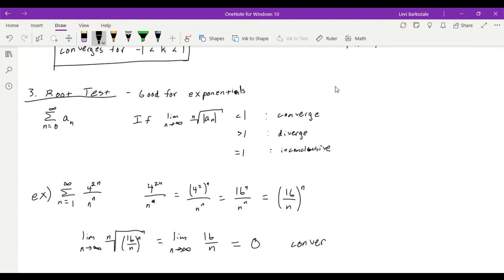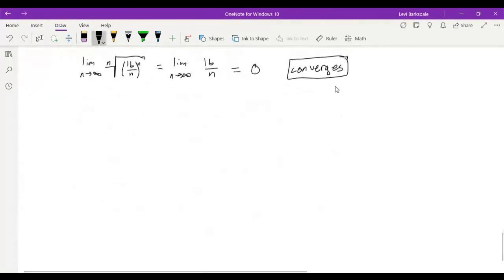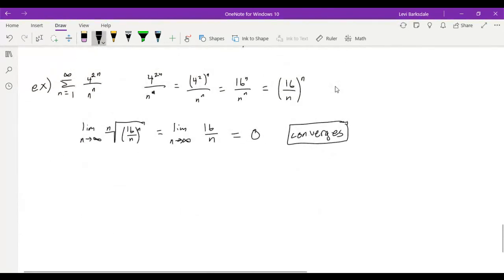So my series would then converge. All right. And if you wanted to, you could apply the ratio test here as well. I tend to prefer using the ratio test just because I find it easier and more applicable in more situations. But the root test is also a good option.